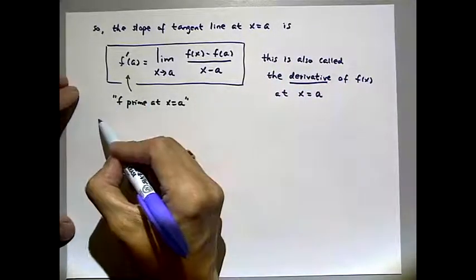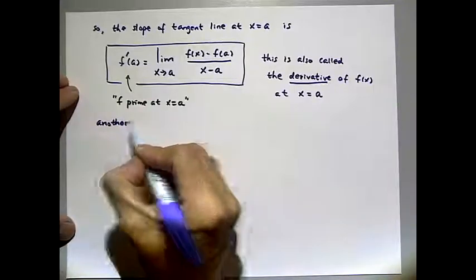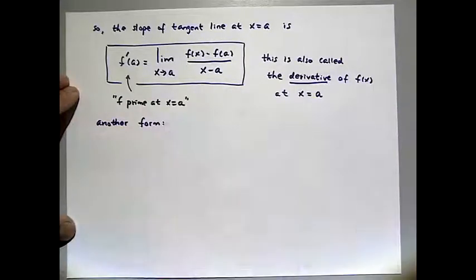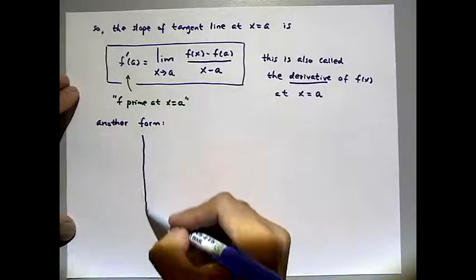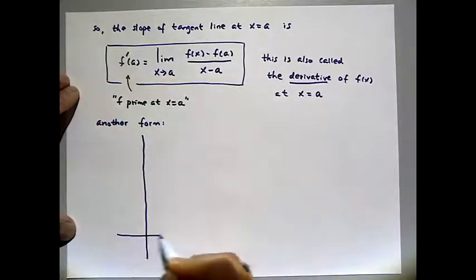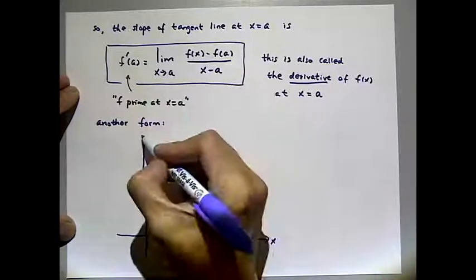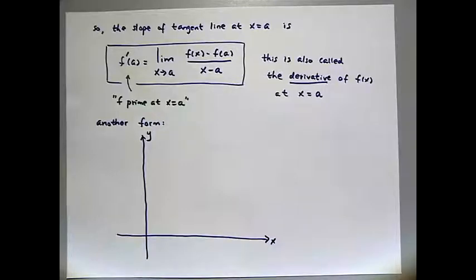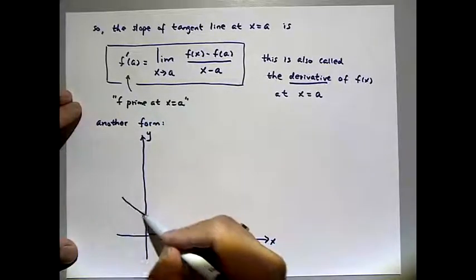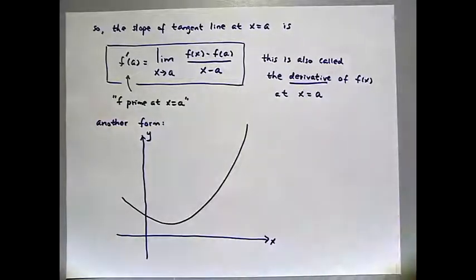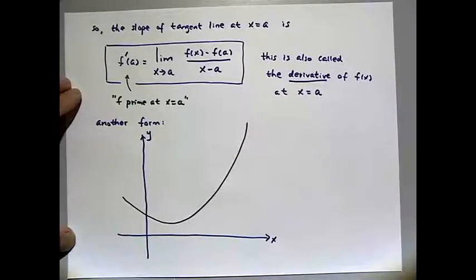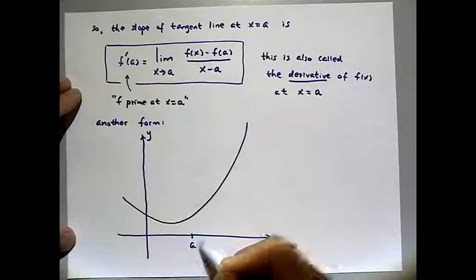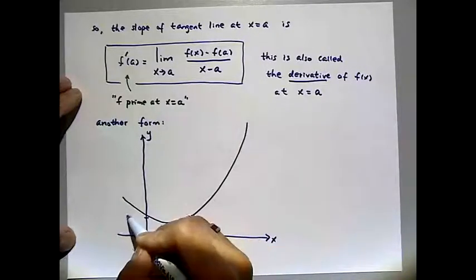Here's another form. And so I'm going to try to reproduce the same picture. Like that. We're still interested in finding the tangent line slope at x is equal to a. So right here, that is still f of a.